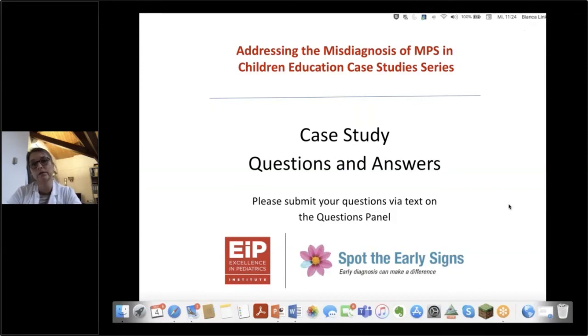If you have MPS 1, for example, or MPS 2 with a CNS involvement, the early diagnosis, of course, is very important for the CNS treatment. Because if the kids are older than 2 years, the chance to address the CNS is very limited. Concerning the musculoskeletal system, we don't have much data to really prove it.